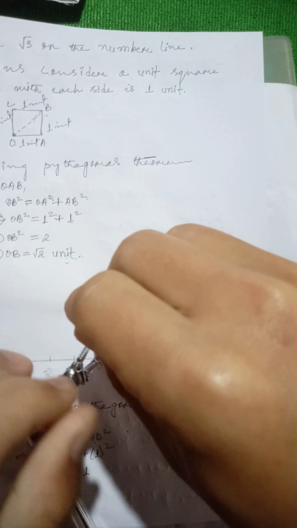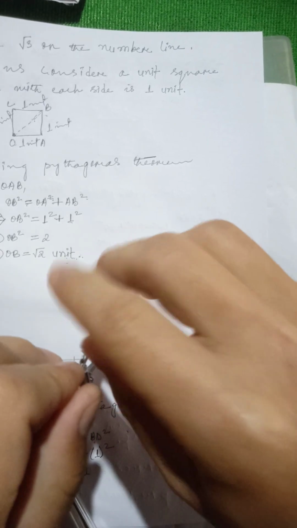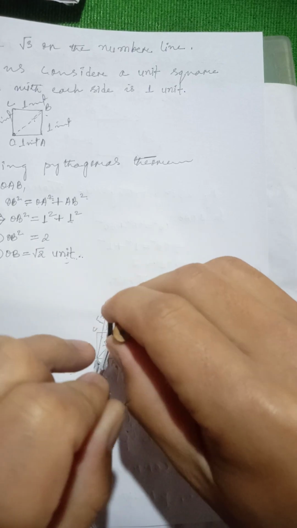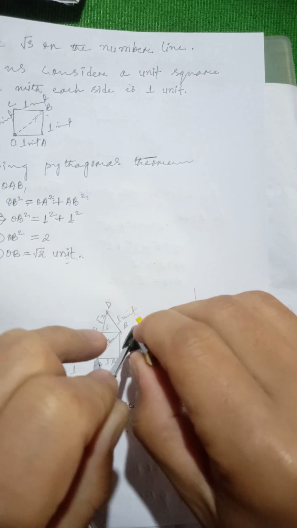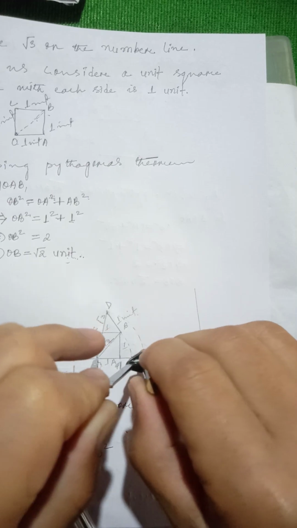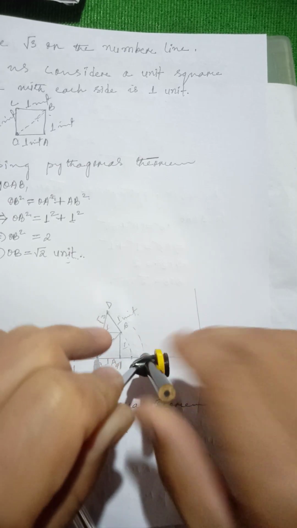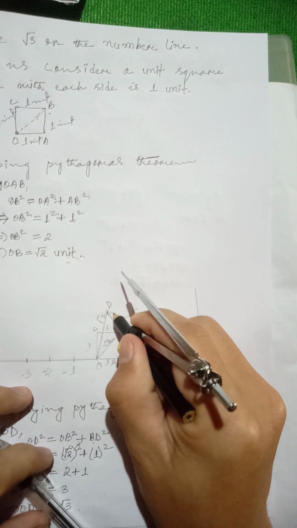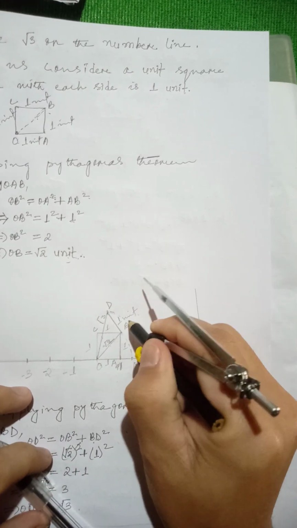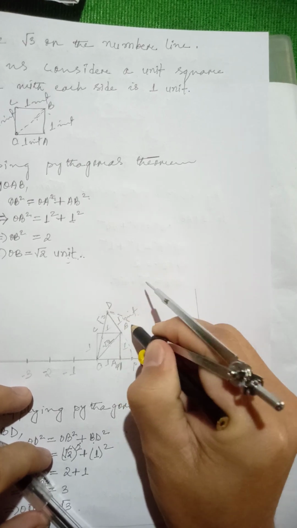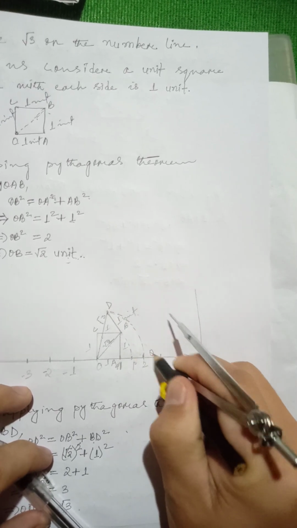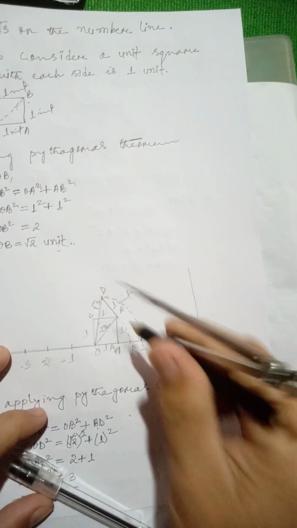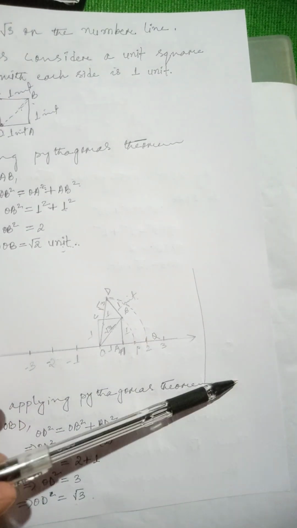The point where the arc and the line intersect represents that number, whether root 3 or root 4. Let us name it as Q. So this Q represents root 3 on the number line. This is the way to represent root 3 on the number line.